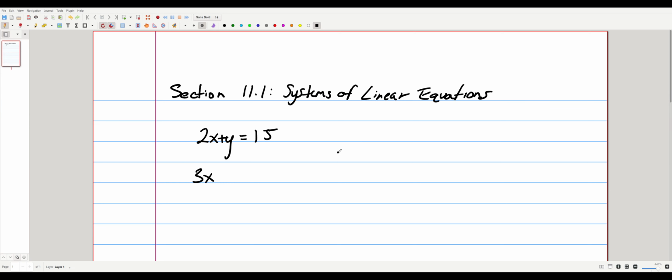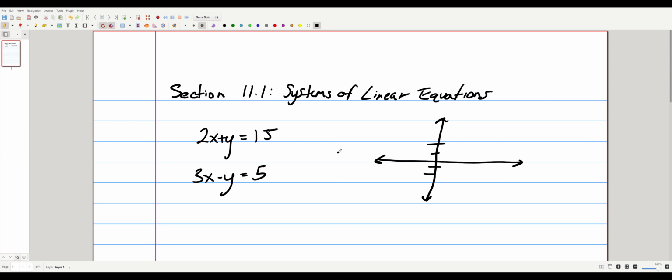And so this is kind of an allusion to something that we briefly talked about, which is parallel and perpendicular lines. Essentially what we're doing in this section is, what are the possibilities if you draw two different lines on the same graph? Okay, so what are the three types of lines that are possible?